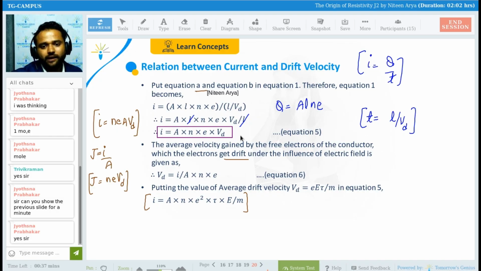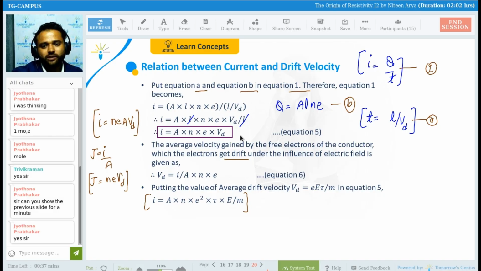Equation 1 is I equals Q by T, equation A is this, and B is this. That's why I write them separately here. So rearranging the terms, I equals nEAVd, you're going to get it.